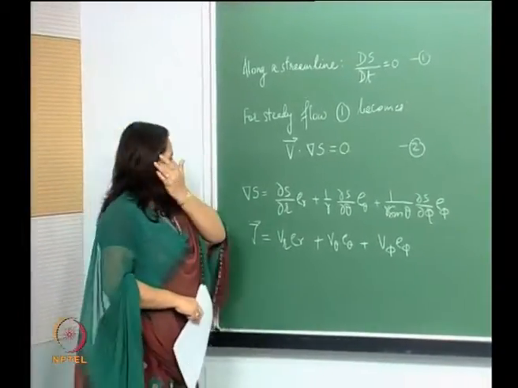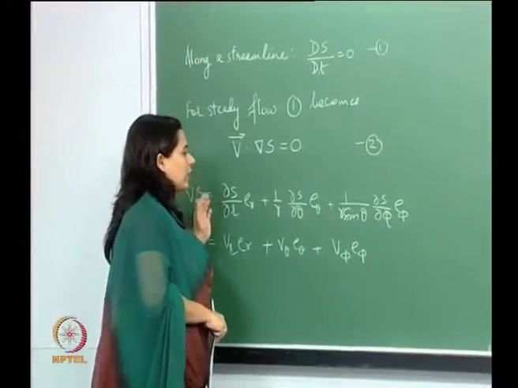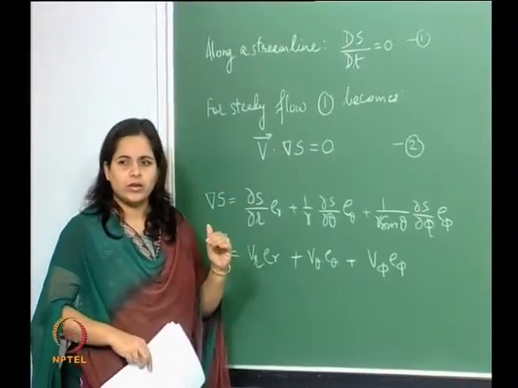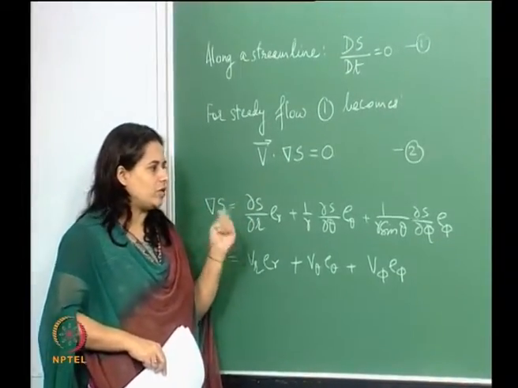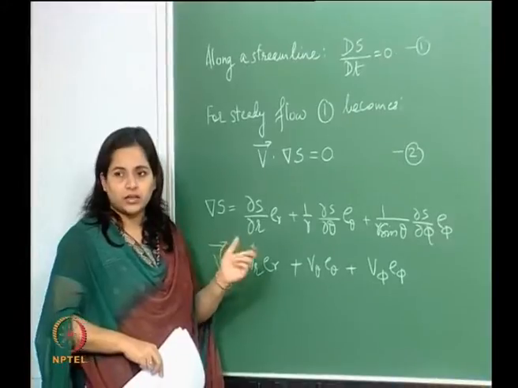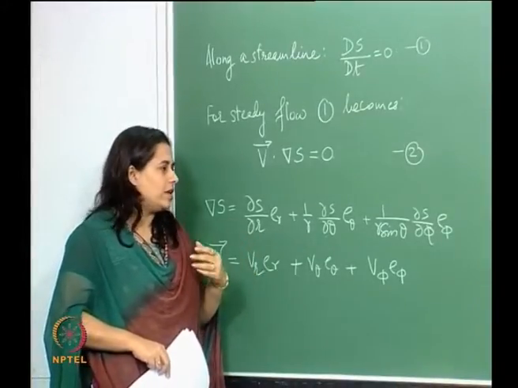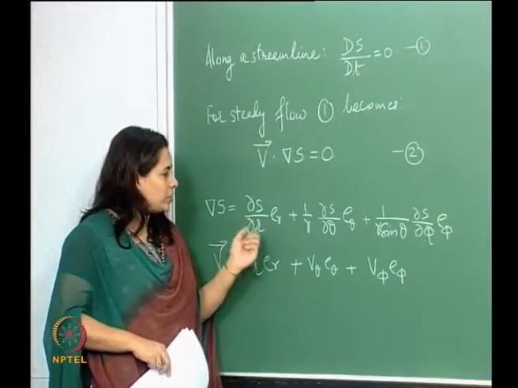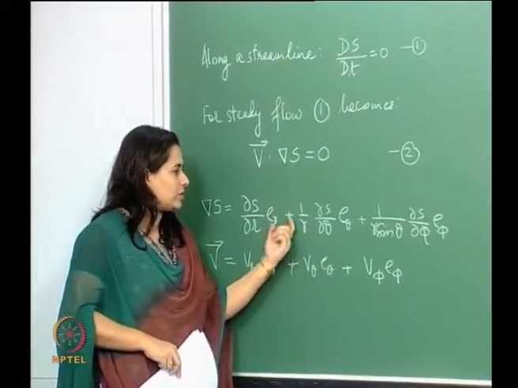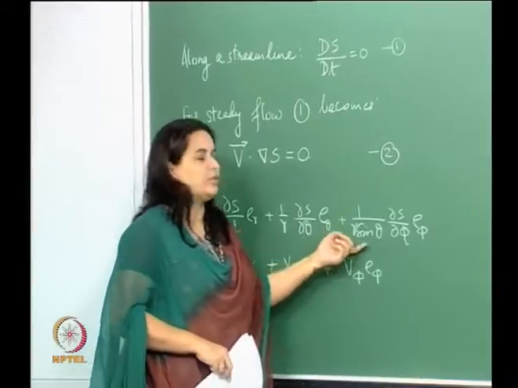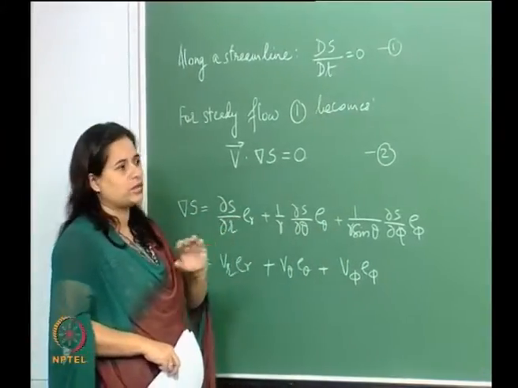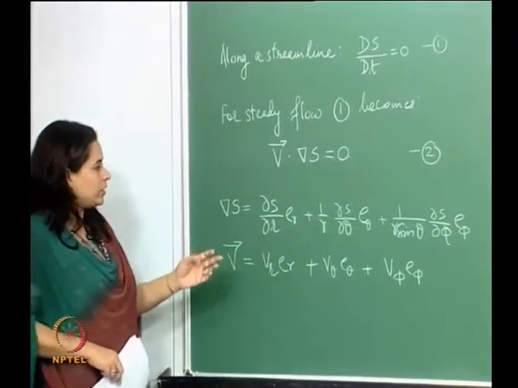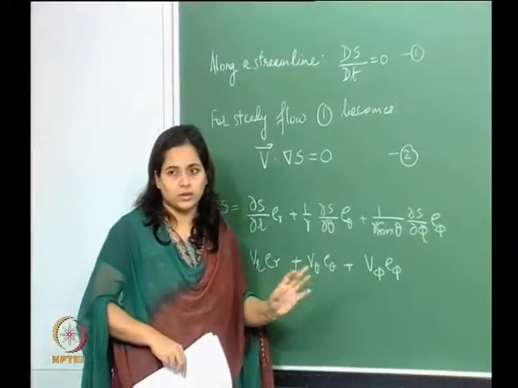But if you have not understood this by now, maybe it is high time to go and take a very standard text, look at polar, spherical and cylindrical coordinates, and make sure you understand why these terms come in here. You have to do that once. As long as you know, that is fine.